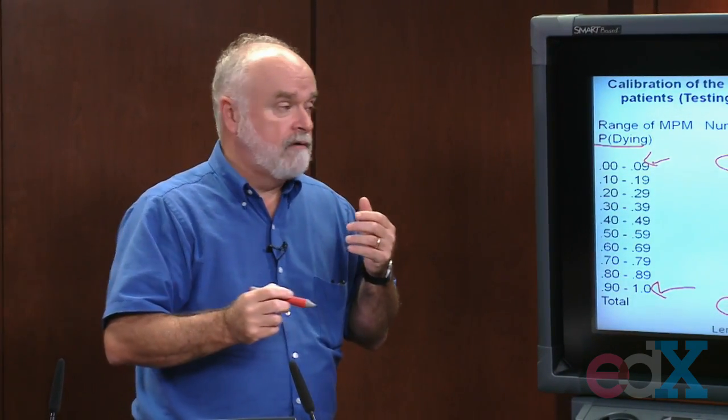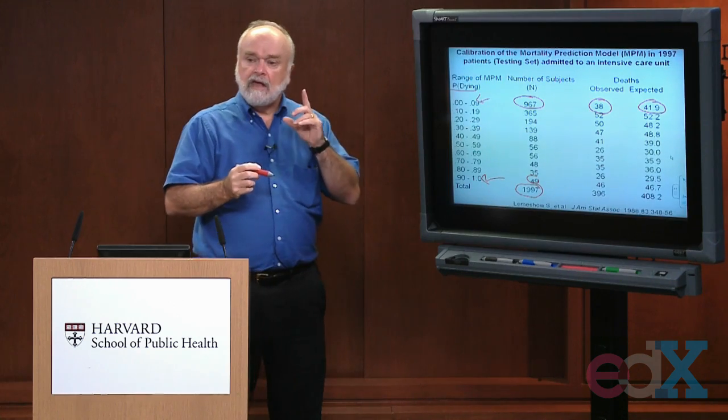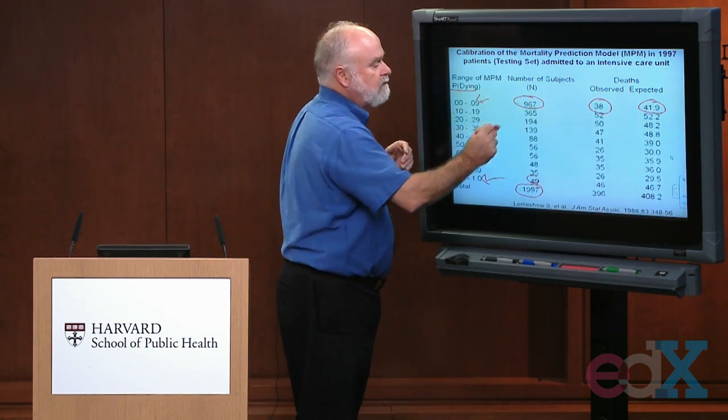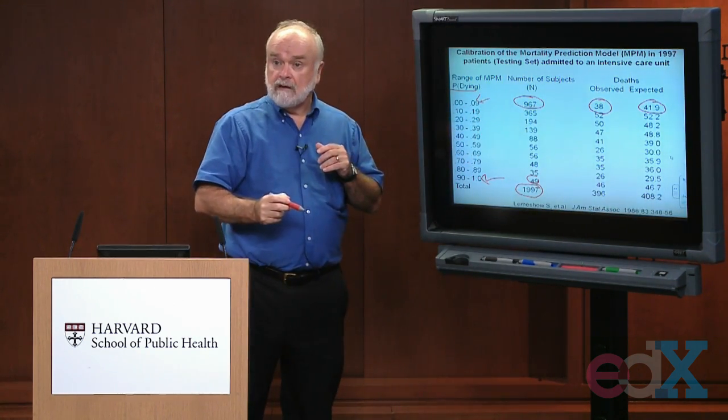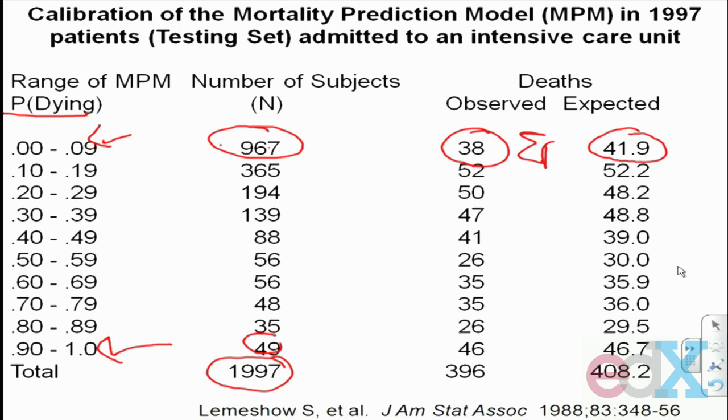Well, the number turned out to be 41.9 deaths. How they got that number is each of these 967 people has a predicted risk. They added up each person's predicted risk for all 967 people, and that ended up giving a total expected number of deaths of 41.9.